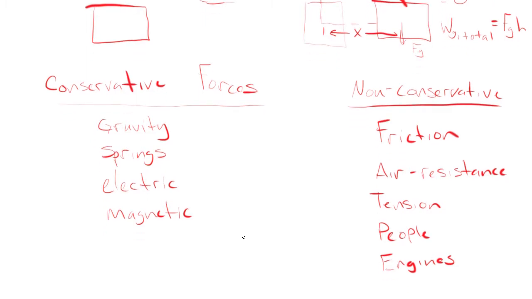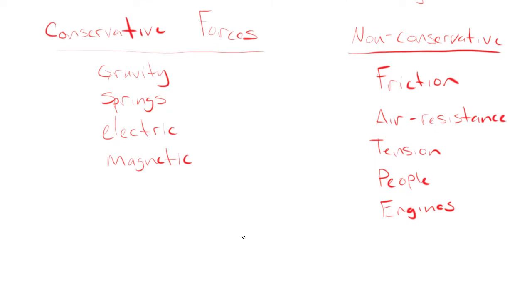Now, the reason that we make a designation between conservative and non-conservative forces, part of it's to put these forces in context so that you know, if you have friction, you're going to lose some of that energy. And in our mechanics world, if you lose energy to heat, we don't have the ability to track that.